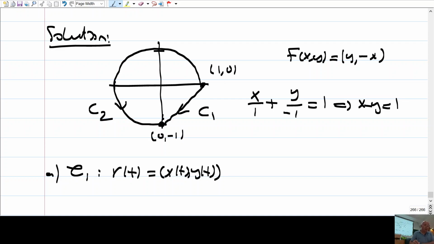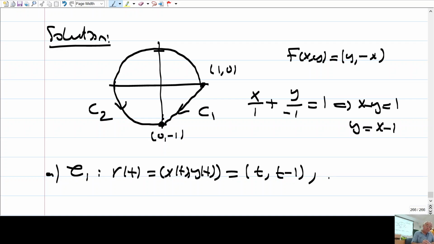So I can just let, for example, x(t) to be t, and what is y then? Y is just t minus 1, because y is just x minus 1.